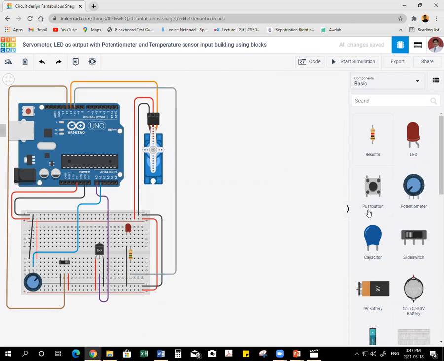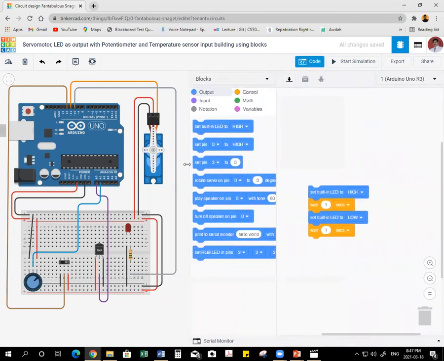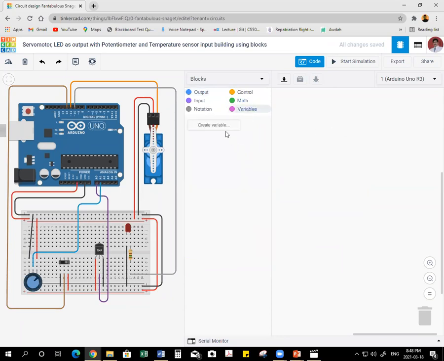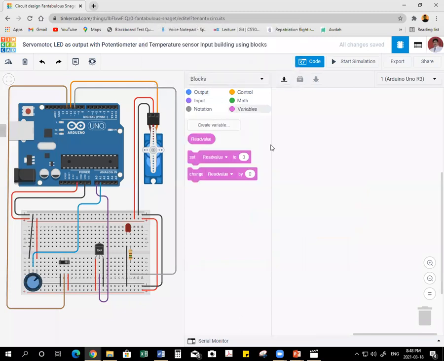Okay, now coming to the code. I will just remove this. It's not that big a task. I'll just create a variable, read value, maybe from the potentiometer or temperature. So we don't know. So we have to get the selection from the switch for where we are reading from.